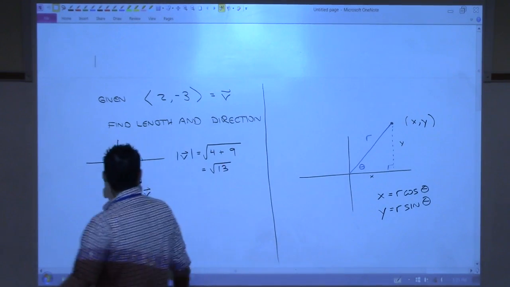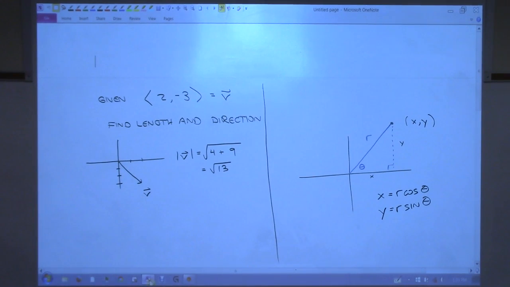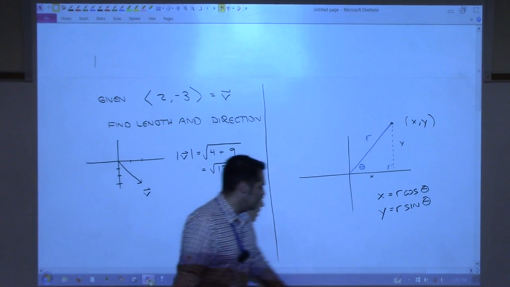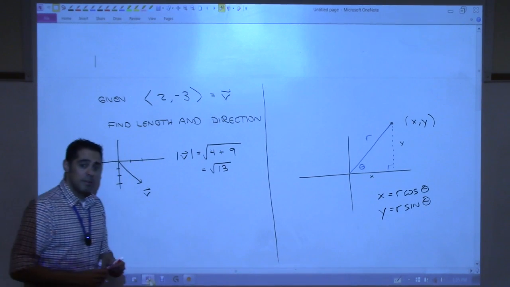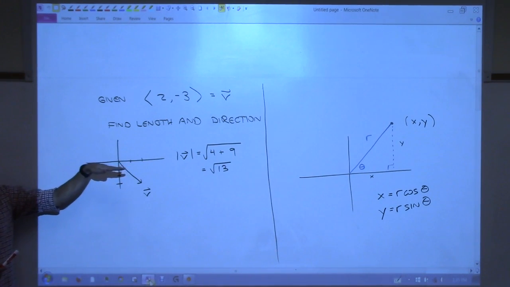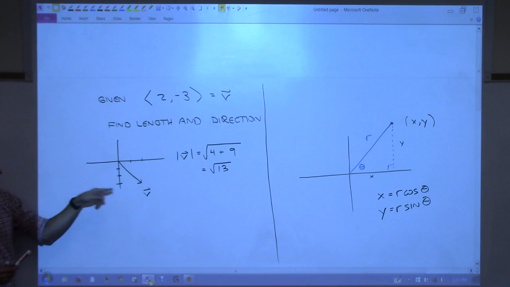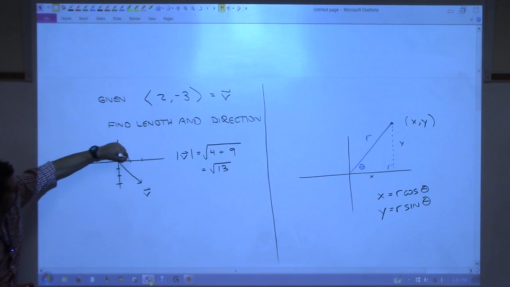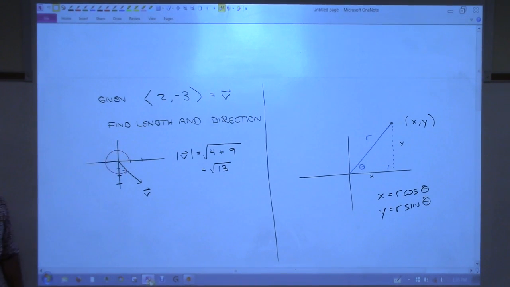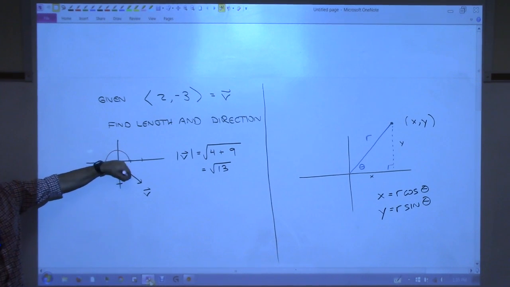Okay, so I'm trying to establish the angle, the direction. What am I referring to here when I say direction? The angle between the positive x-axis and the vector. It's this, not this inside, okay? That's called a reference angle from pre-cal, the shortest angle that goes to the x-axis.